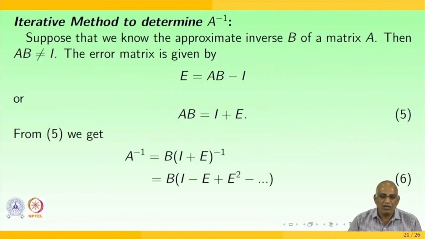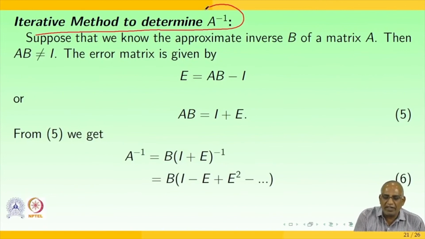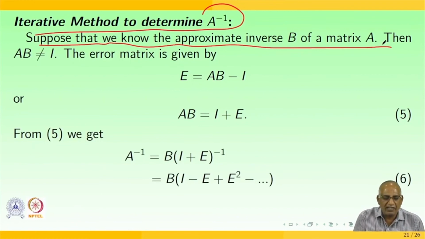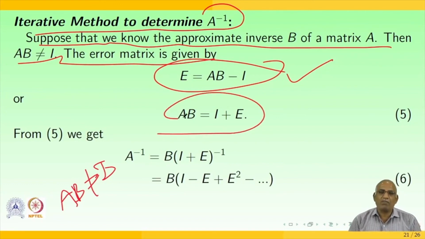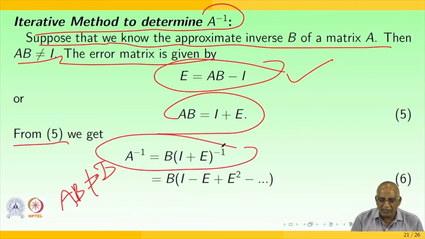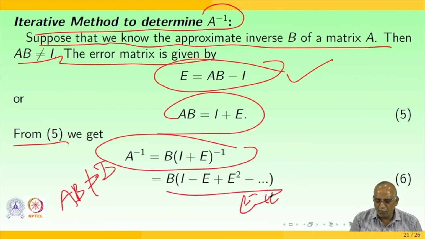Iterative method to determine A inverse. Suppose that we know the approximate inverse B of matrix A, then AB is not equal to I. The error matrix is given by E equals AB minus I, and AB is equal to I plus E. From equation 5, we write A inverse as B times (I plus E) whole inverse, that is equal to B times (I minus E plus E squared minus E cubed plus E to the power 4, etc.).